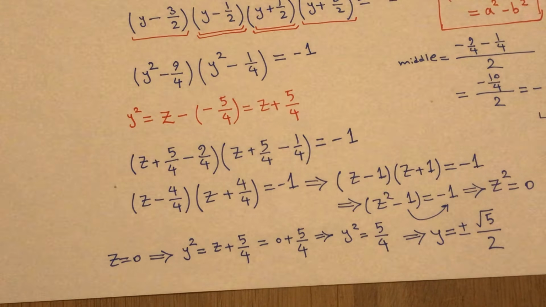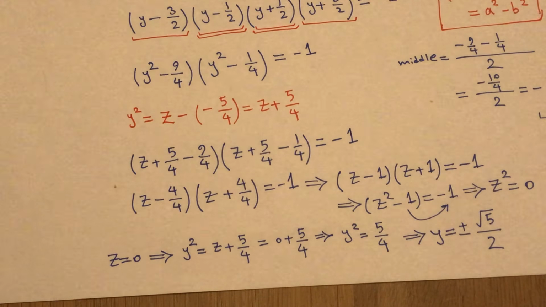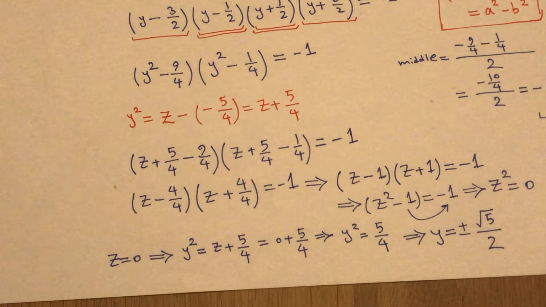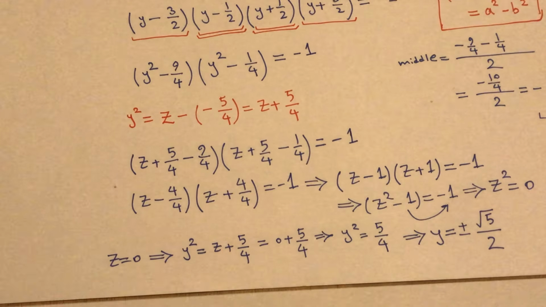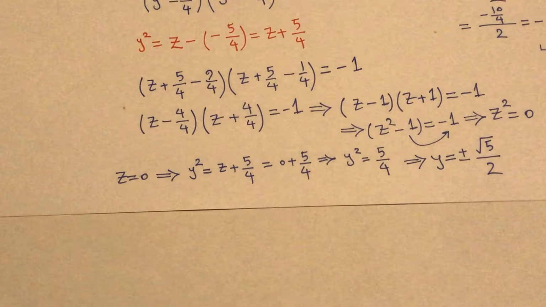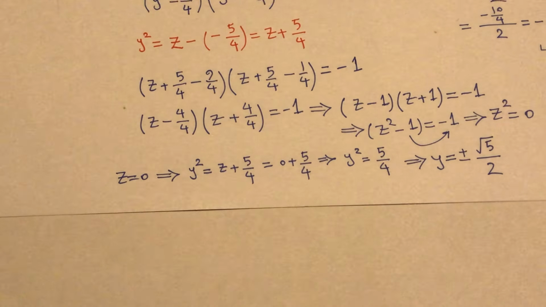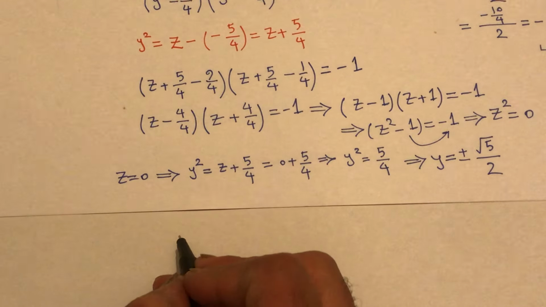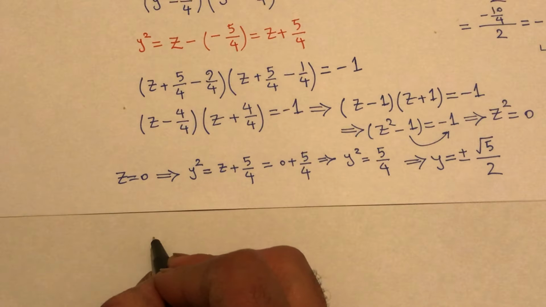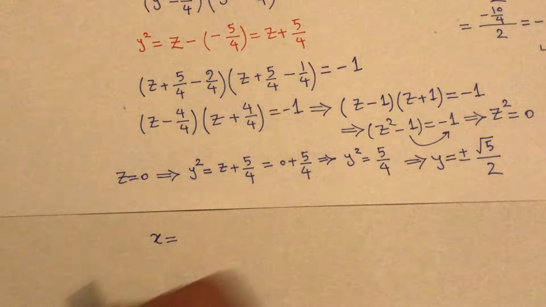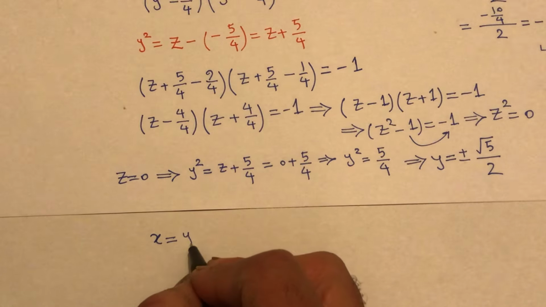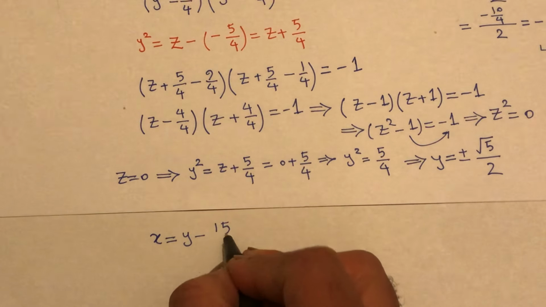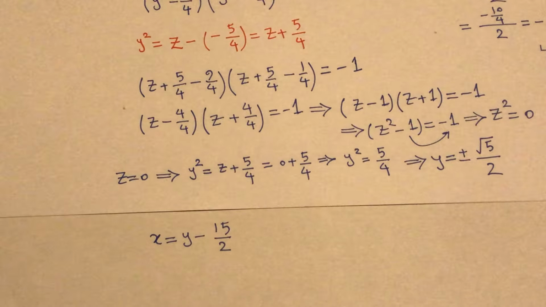Now I have the new parameter y here, and I can find the other parameter, the main parameter we defined before. Our parameter x by our definition was y minus 15 over 2.